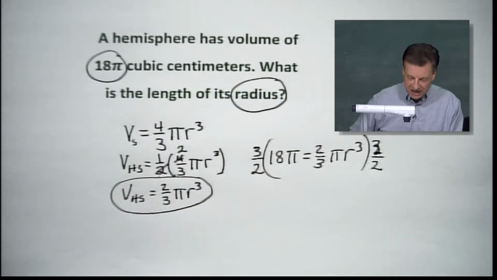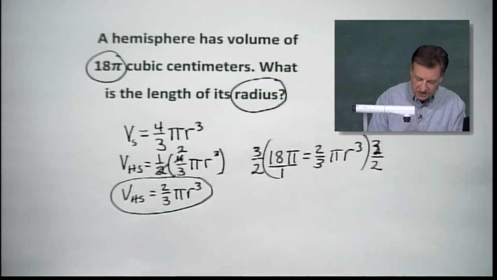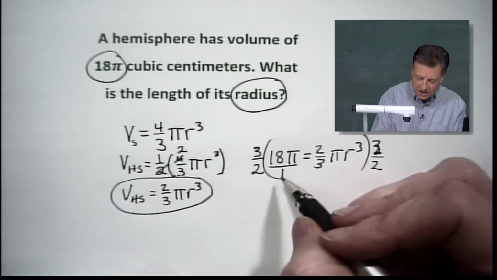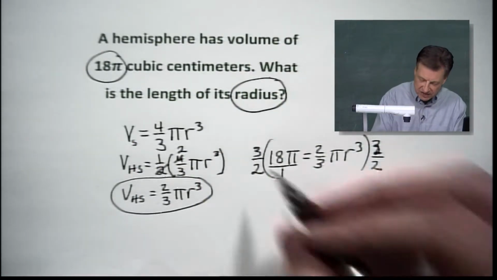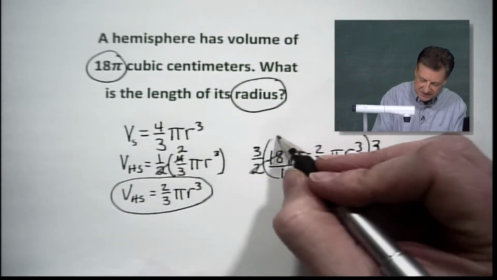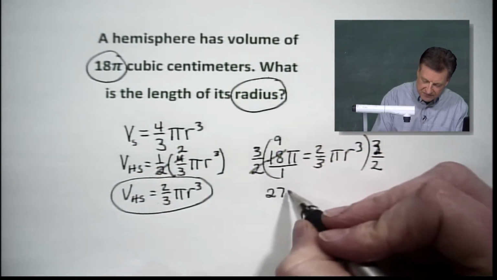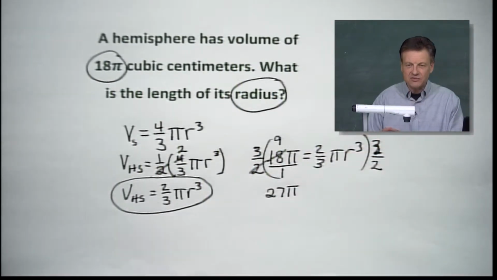So what's happening here, we drop a 1 underneath that 18 pi, like we like to do, and we can see some things working out very nicely here. So let's check it out. First of all, we have the 2 going into the 18, I believe 9 times, and we have 3 times 9, which gives us 27. And we have a pi that's hanging on for dear life here.